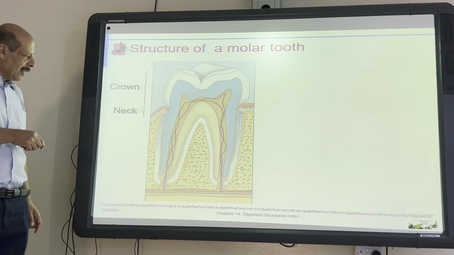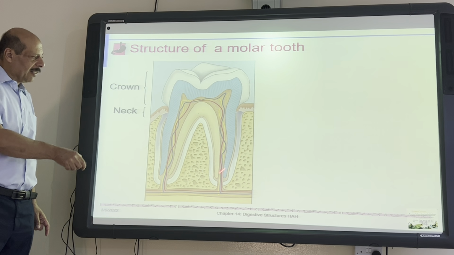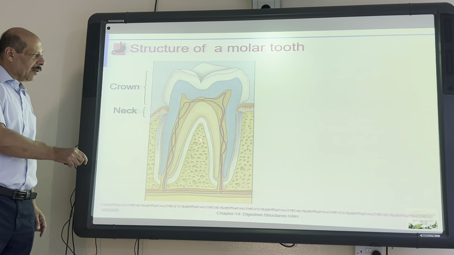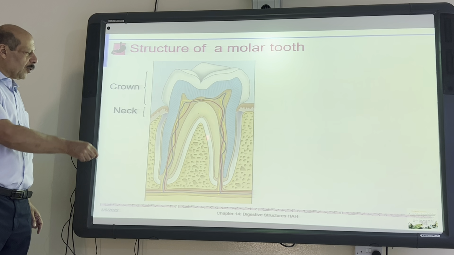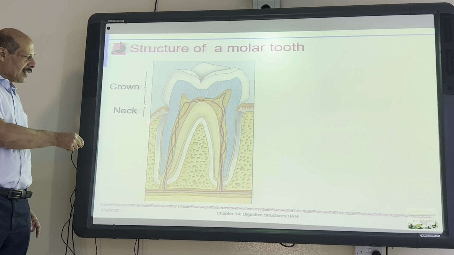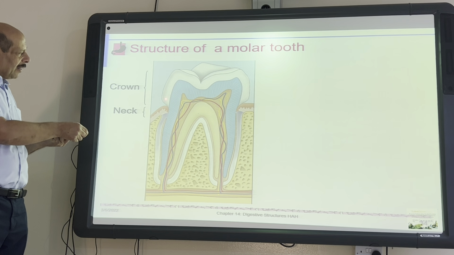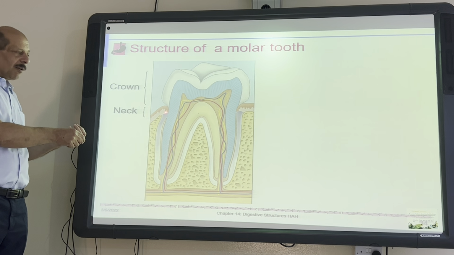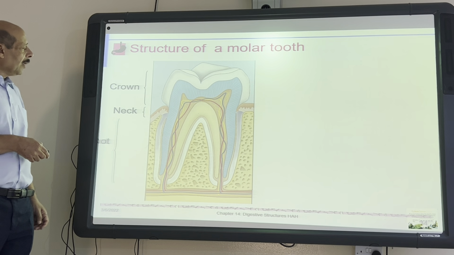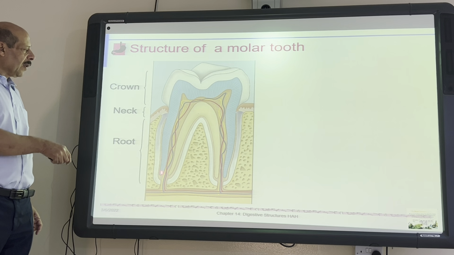See here, this is the bone of the jaw. This part is the bone. And here, this is the root of the tooth. Here is the gum that connects the teeth with the bone. And this is the root of the teeth.